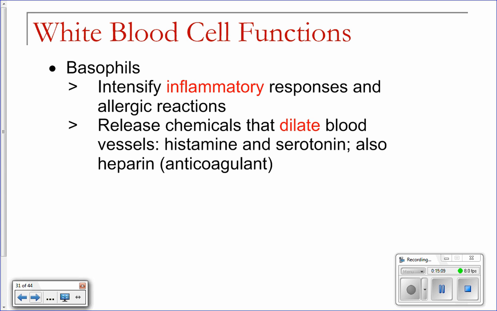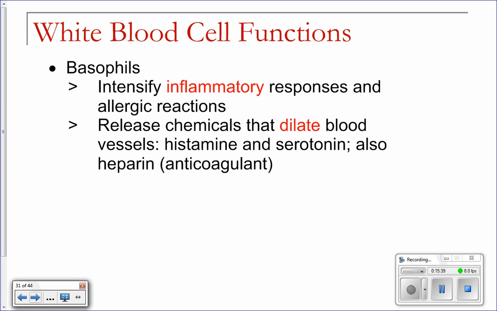So they're kind of partly responsible for that overreaction of your immune system to something in an allergic reaction. So you've got basophils that amplify the reaction, and then eosinophils that kind of moderate it and break it down. So you've got two types, and depending on what your body perceives that it needs, they'll be active. Does that make sense? Okay.